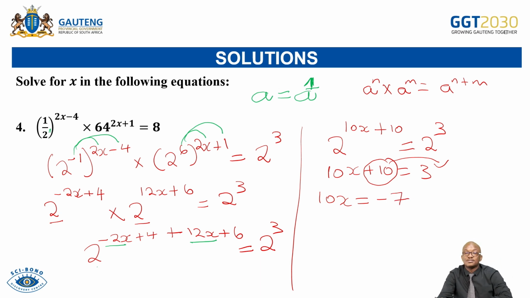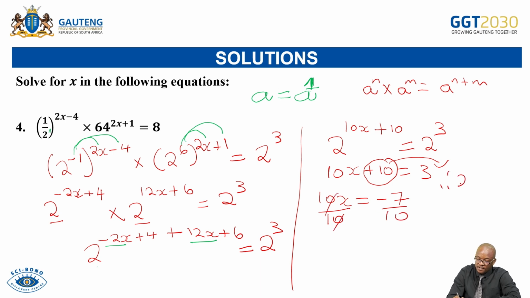Because 3 minus 10 is going to be negative 7. Then we divide both sides by 10. 10 will divide 10. Therefore, x is equal to negative 7 over 10.